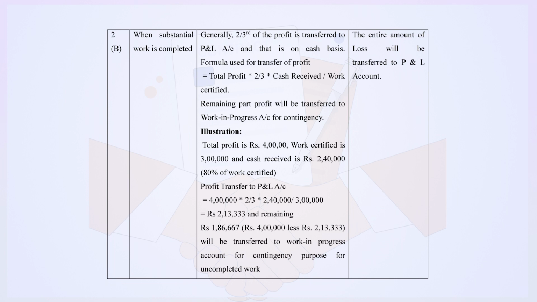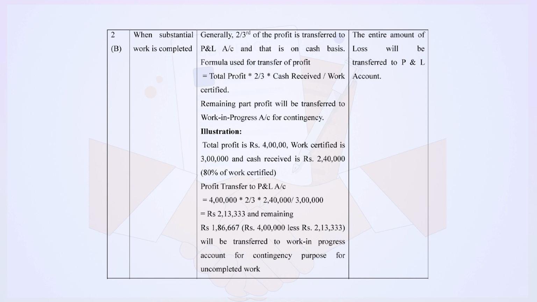The remaining amount, rupees 1 lakh 86,667, that is rupees 4 lakh less rupees 2 lakh 13,333, will be transferred to work in progress account for contingency purpose for uncompleted work.